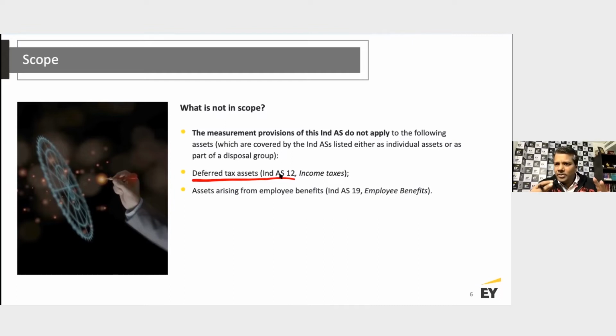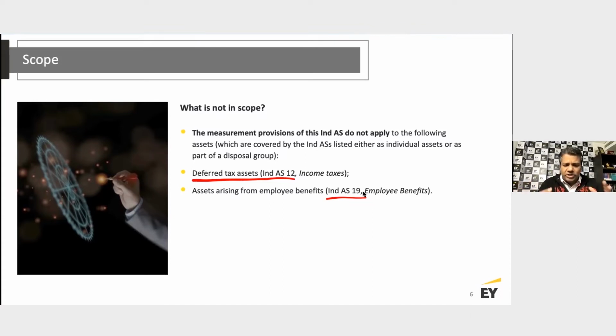Assets arising from employee benefits. How do you measure assets under Ind AS 19? You measure assets under Ind AS 19 for defined benefit plans using the projected unit credit method, which is a statistical model followed by actuarial techniques.